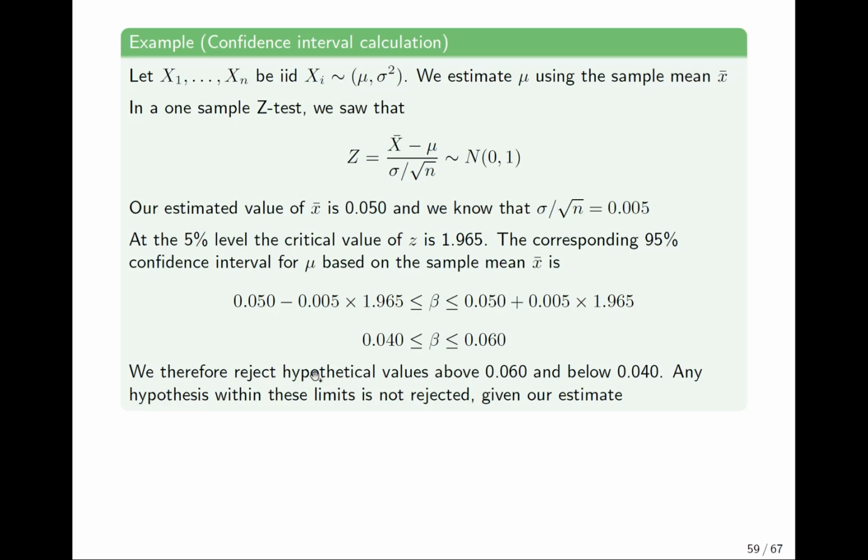It says that we can reject hypothetical values above 0.60 and below 0.40. Any hypothesis within these limits is not rejected given our estimates. So it's telling us the set of hypothetical values that are consistent with the estimate we've obtained, given the sampling distribution that we've observed, at the 5% level with critical value of z being 1.96.